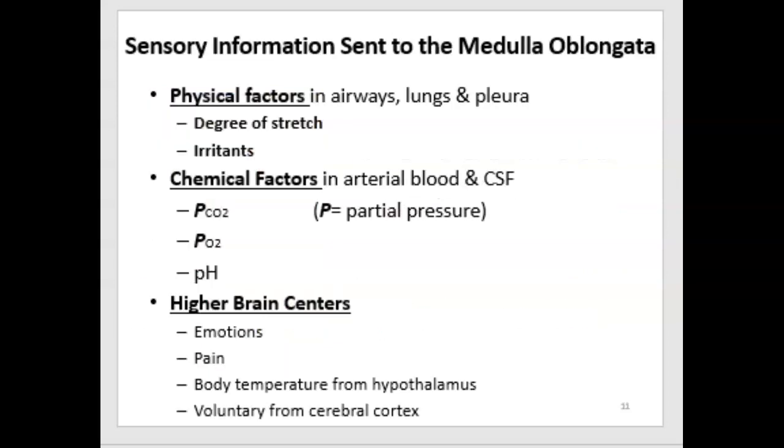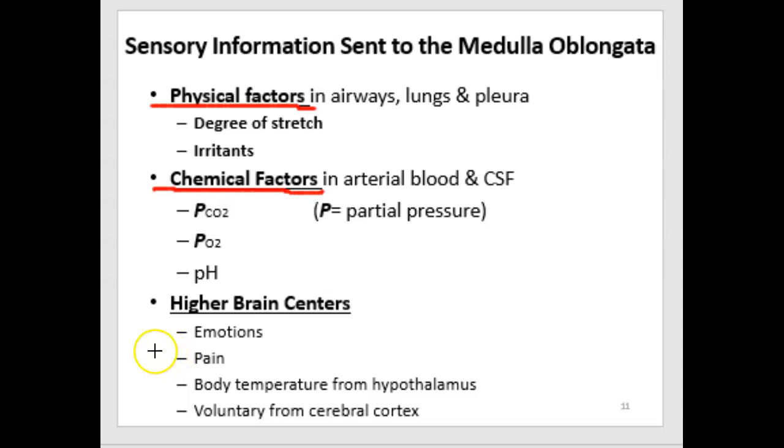Okay, let's look at the sensory information that is sent to that dorsal respiratory group. Some of the sensory information could be categorized as a physical factor. Other sensory information might be a chemical of some sort.